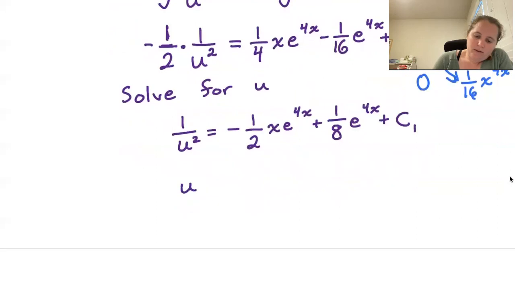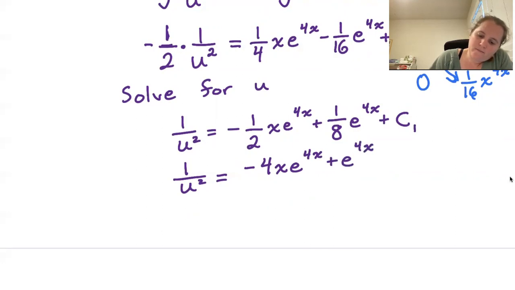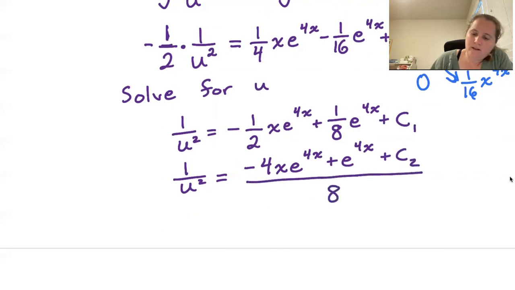Then I'm going to write this all together. 1 over u squared is equal to, giving a common denominator, -4x e to the 4x plus e to the 4x plus c2 all over 8.